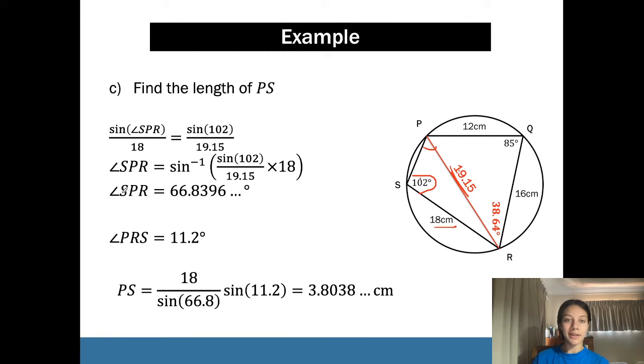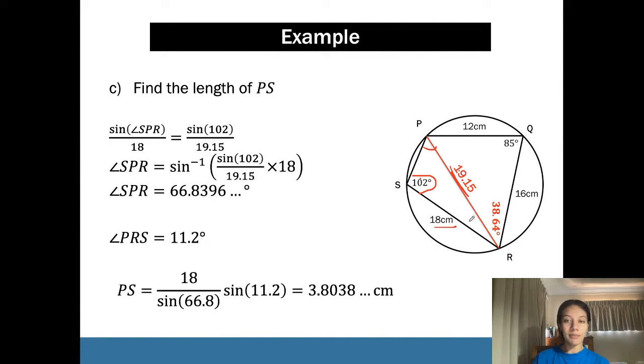So we solve through and we get the angle SPR is 66.8396. So then angle PRS is going to be 11.2. If we treat that as a triangle and go 180 minus 66.8 minus 102, we get 11.2.